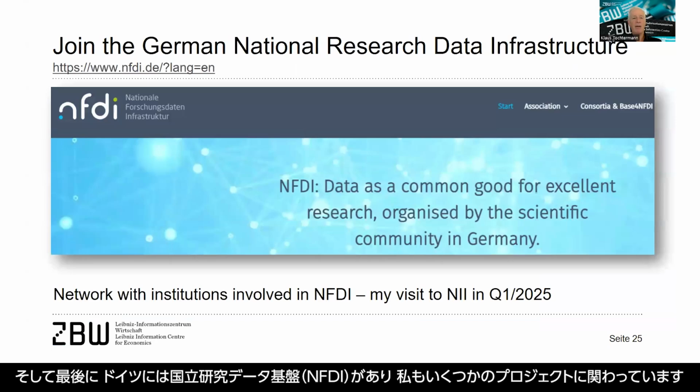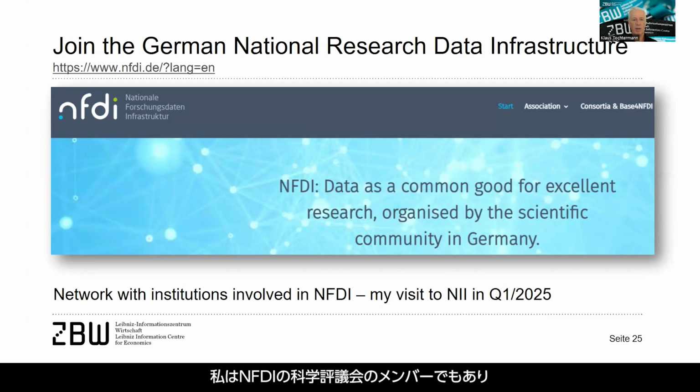And finally, we have in Germany the National Research Data Infrastructure, the NFDI, in which I'm involved with several projects. I'm also a member of the Scientific Senate of the NFDI. And you can network with institutions involved in the NFDI so that we link up our repositories with new repositories and make our data accessible to one another.